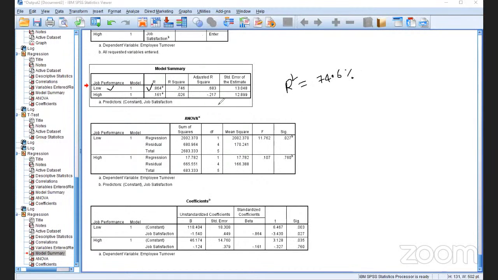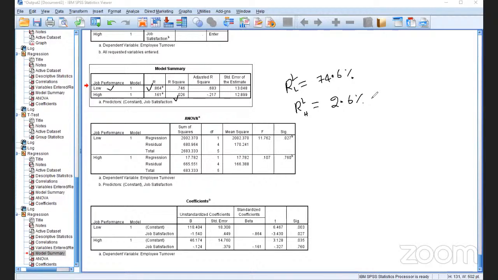And for high performers, what is the value of R square? Only 0.026. If we convert it into percent, it is 2.6%, which is not significant.